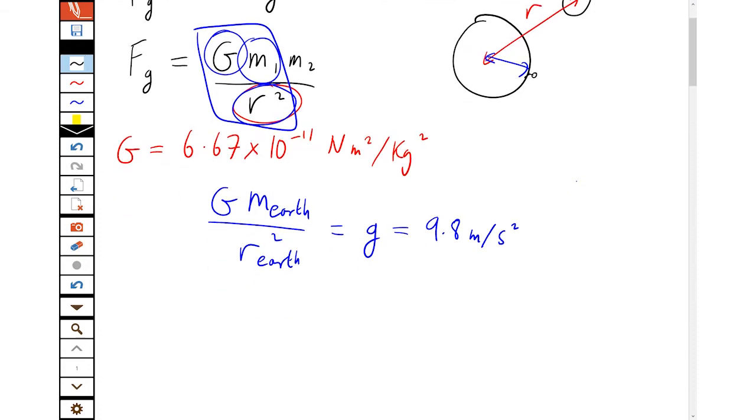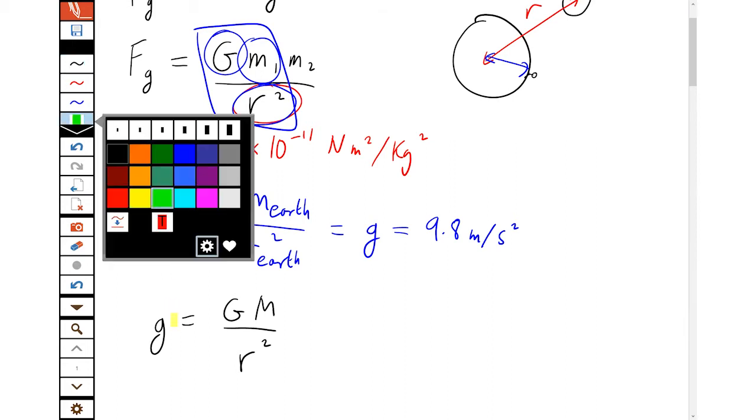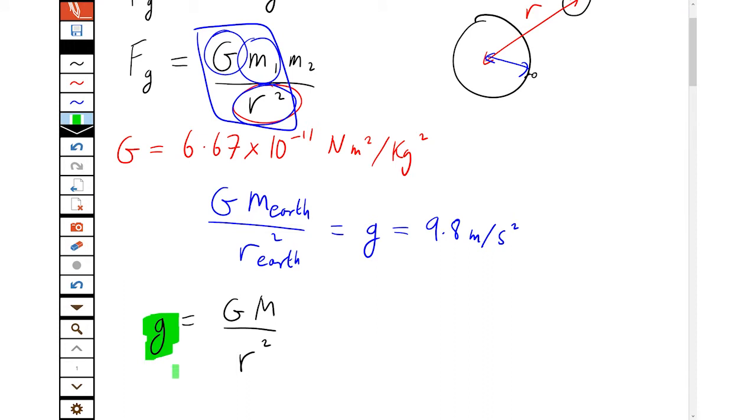You can work out this g for any object. You could work out g for Jupiter, on top of a black hole, over the moon, just by plugging in the mass and the radius of those objects. And then you could use that new g in all of the equations we've seen g in, just for that planet there.